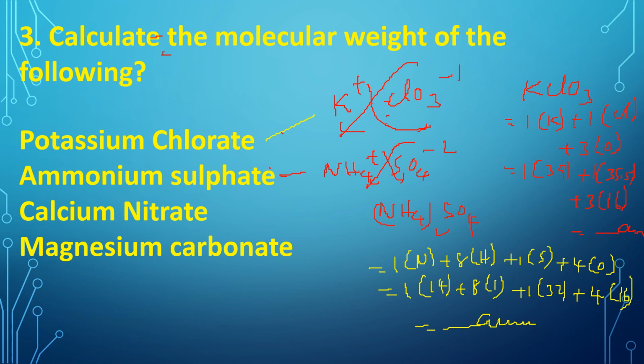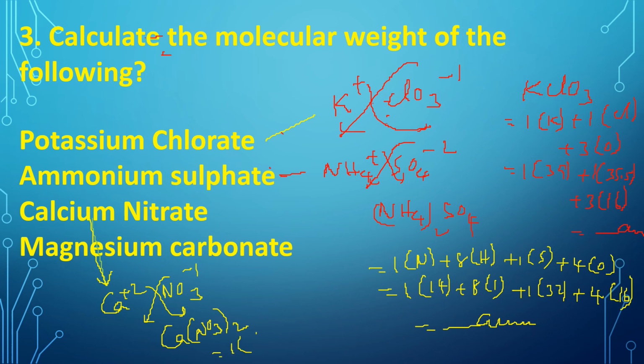Then we'll go for the next one, that is calcium nitrate. Calcium is Ca plus 2. Then nitrate is NO3 minus 1. Crisscross. Ca(NO3) taken twice.